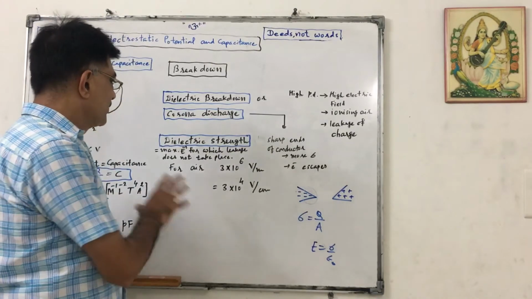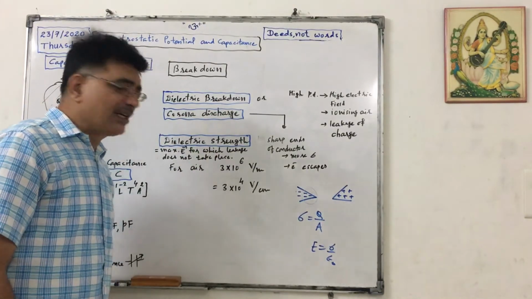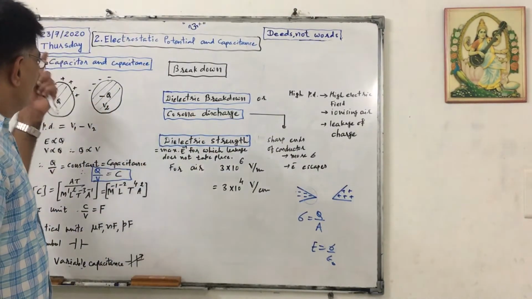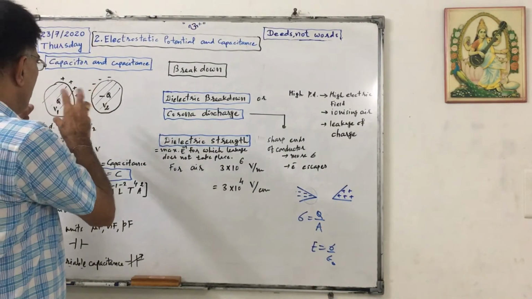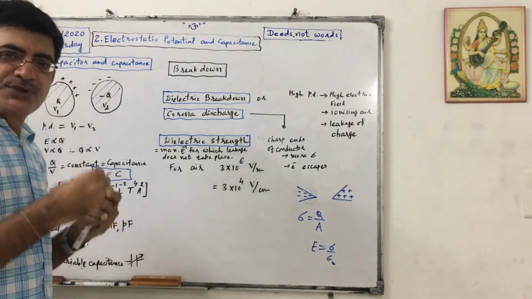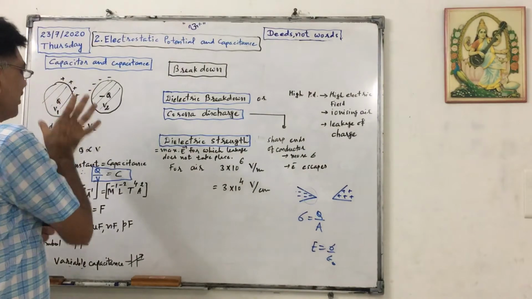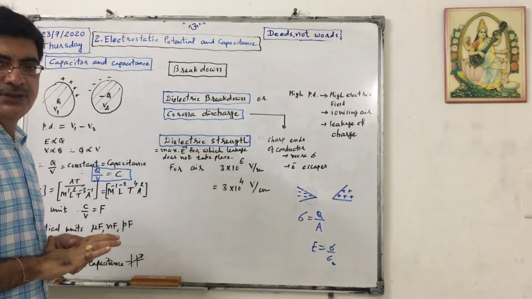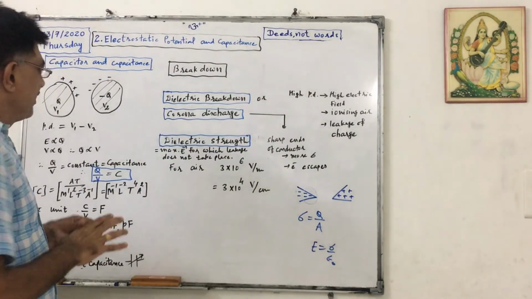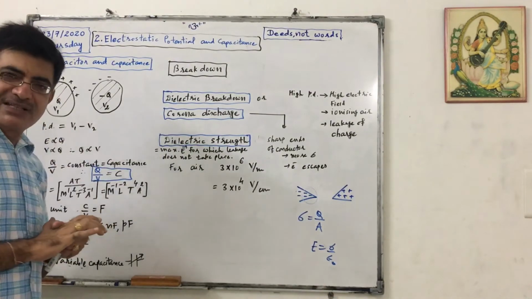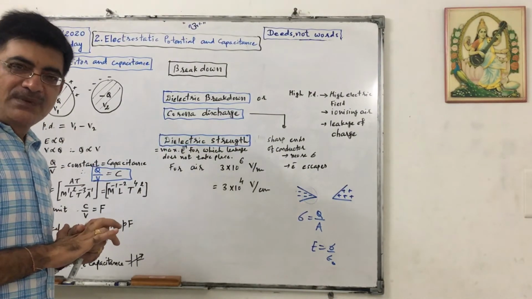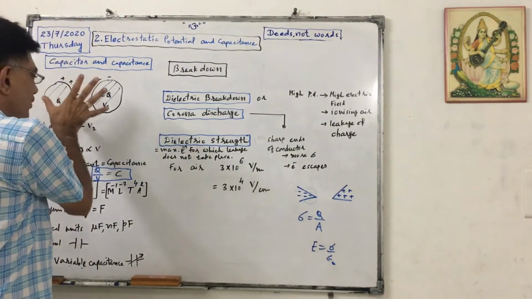So these are the terms that you have to understand. Capacitor means two equal and opposite charged conductors of random volume and random shape, placed near each other but separated by an insulator. That system is called a capacitor.